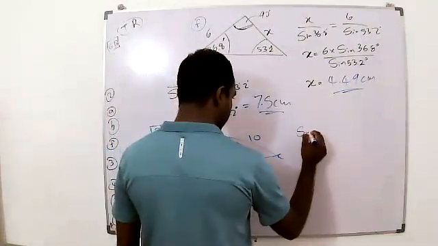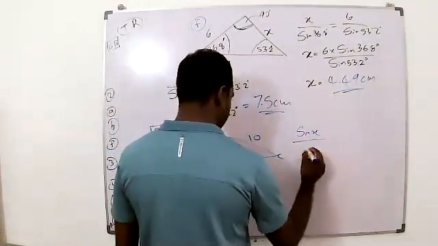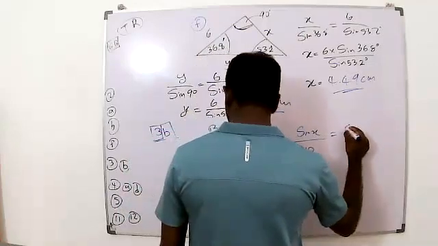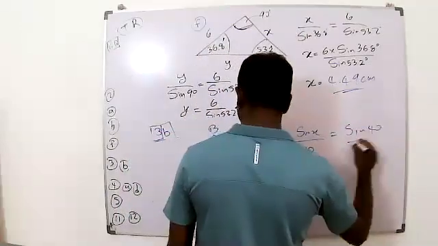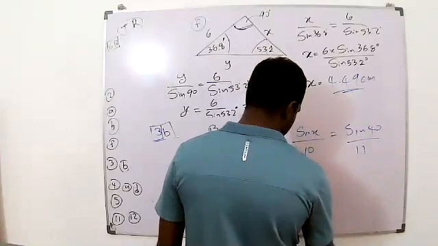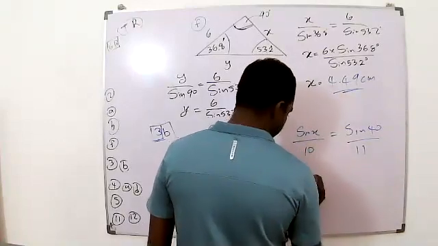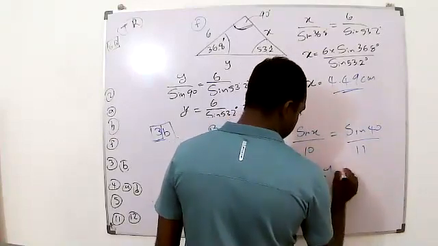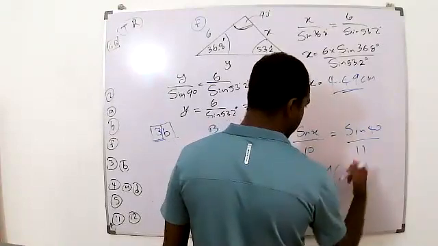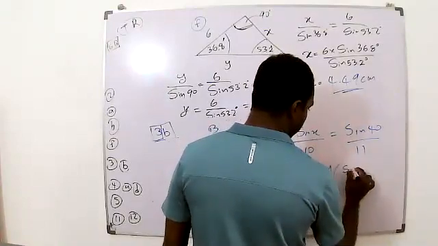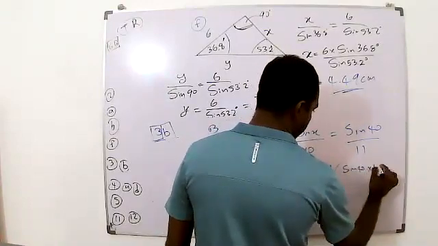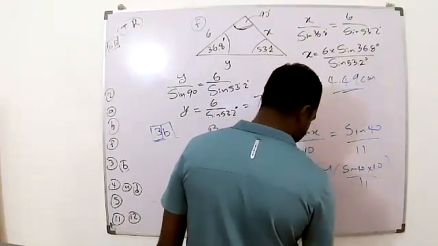So sine X divided by 10 equals sine 40 divided by 11. So in the end, you need to find X equals sine inverse of sine 40 times 10 divided by 11.